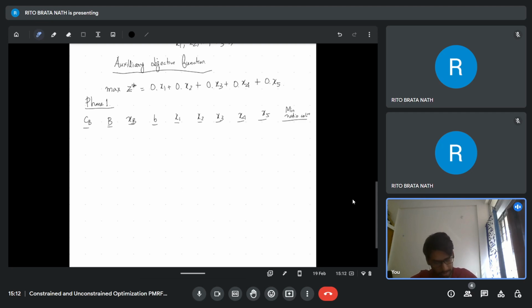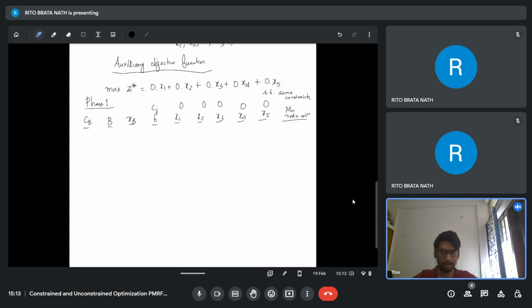And let's write down the Cj values. So these are 0, 0, 0, 0, 0. And this is subject to the same constraints as the original problem. So your initial basis will be x3, x4, and x5, right?